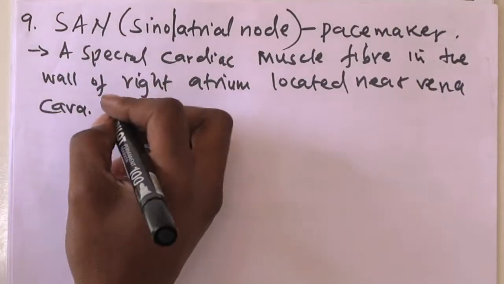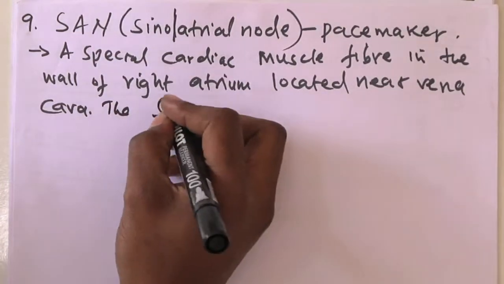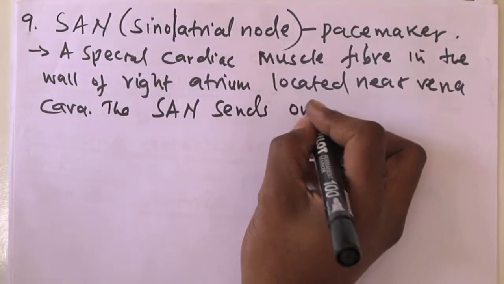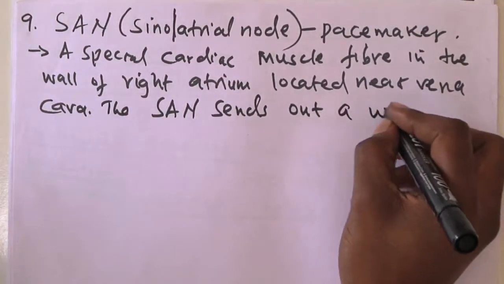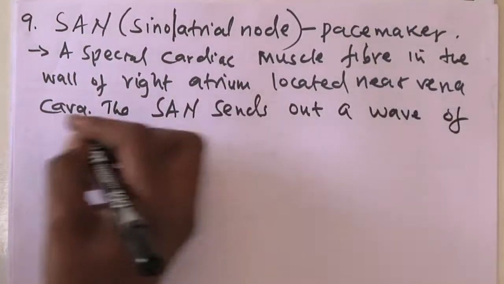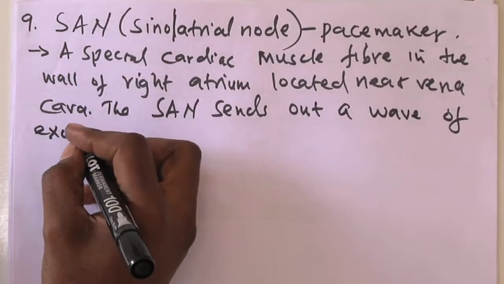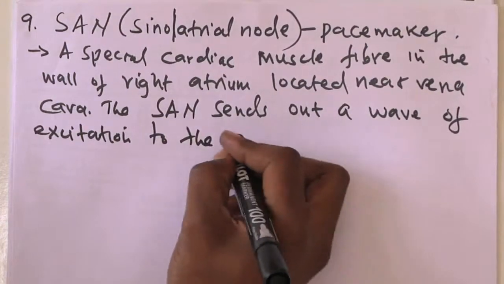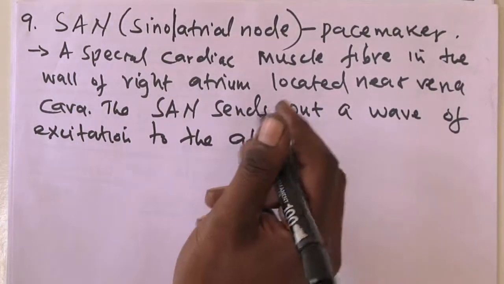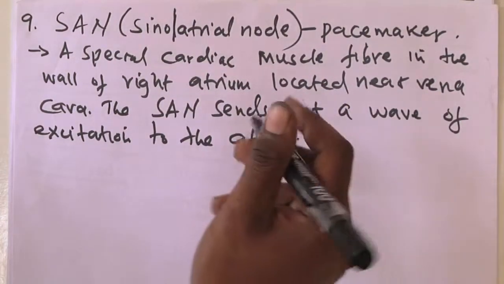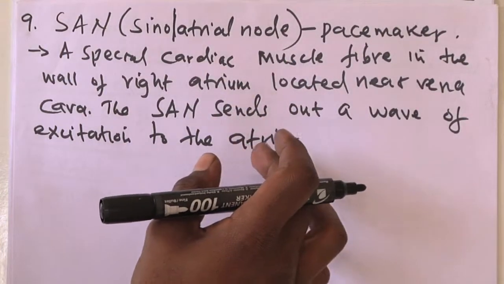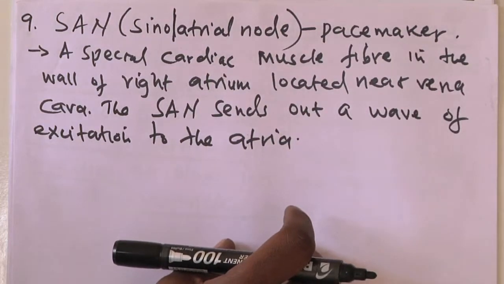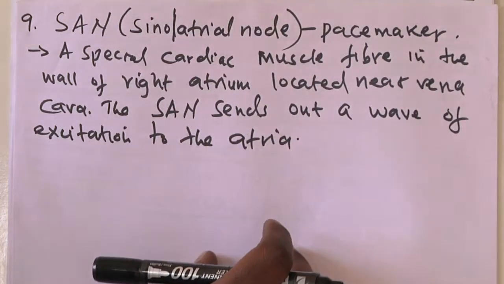It always sends out a wave of excitation to the atria, and once these waves come from the atria, they move towards the interventricular septum.